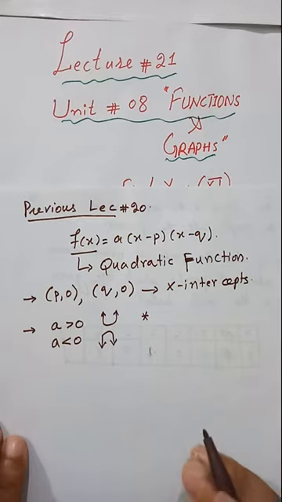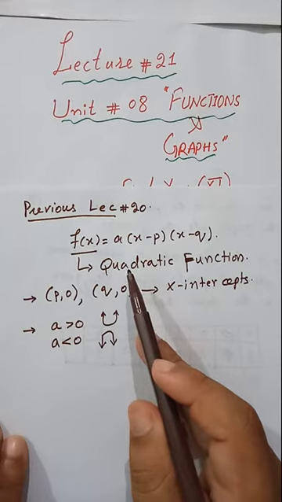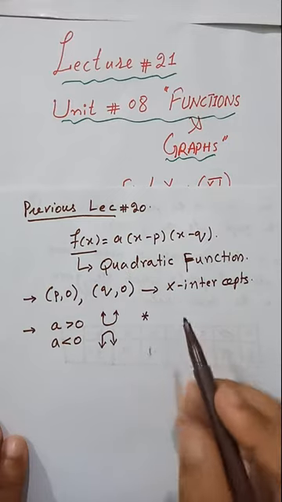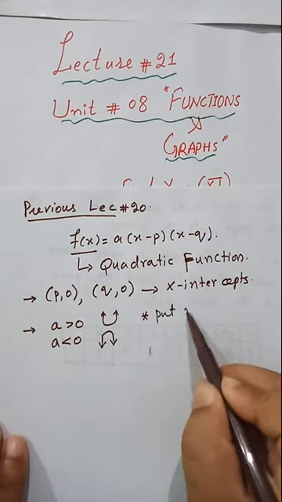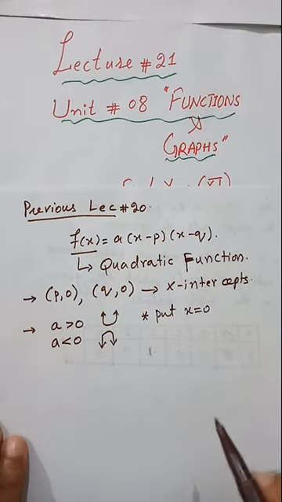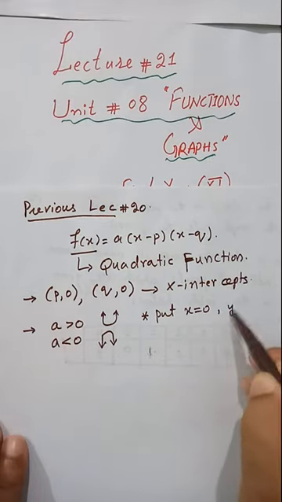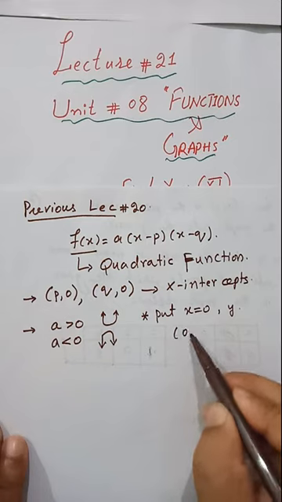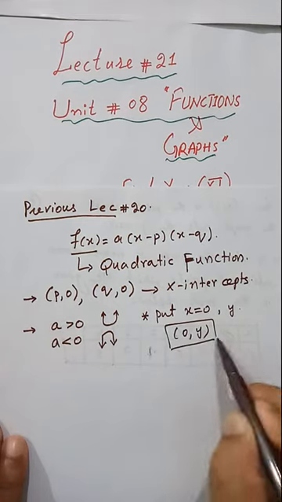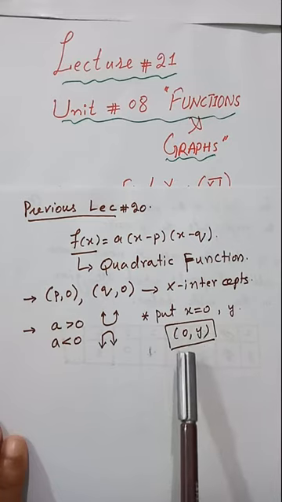Next, in that video lecture, we discussed that for the point at which the graph of this function cuts the y-axis, we put x equal to 0 and obtain the value of y in the given function which is in the factorized form. So let's say we get y by putting x equal to 0. So (0, y) is the point from which the graph of the quadratic function will pass through the y-axis.